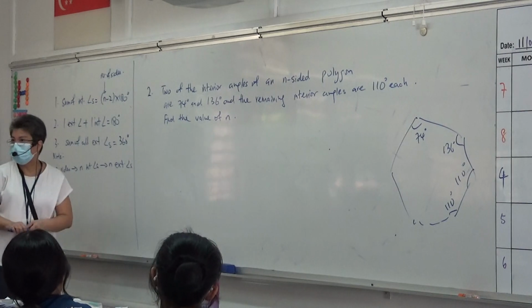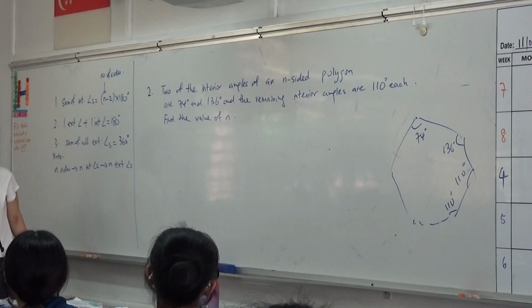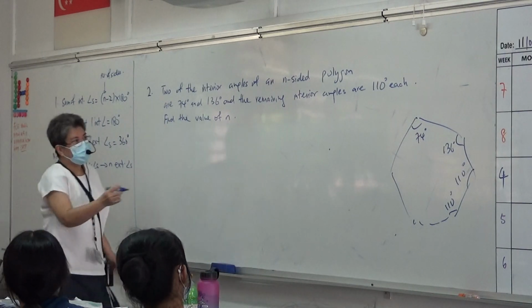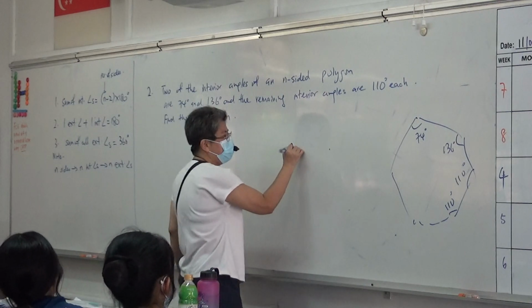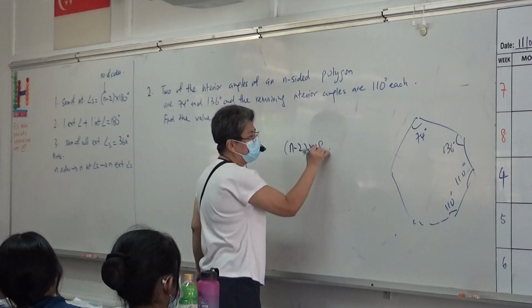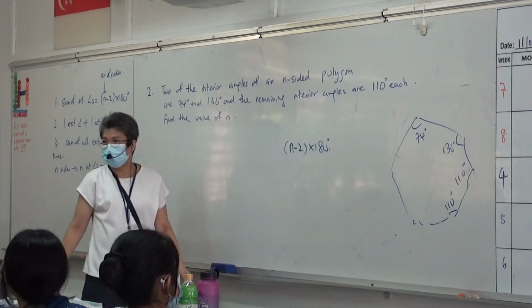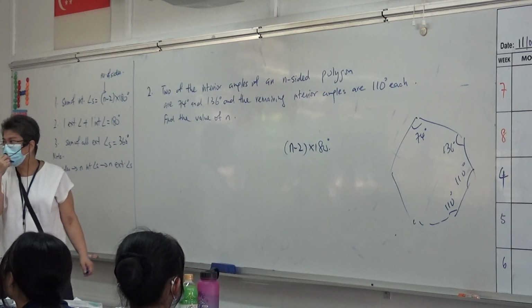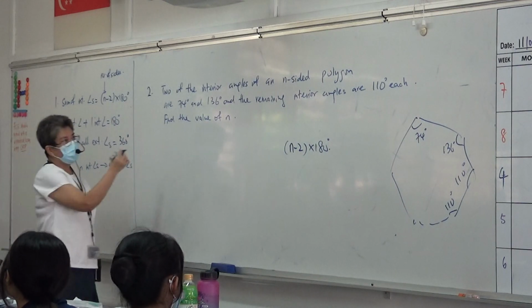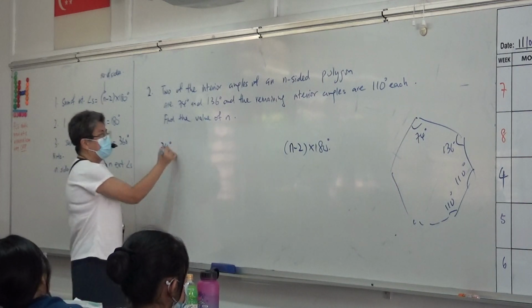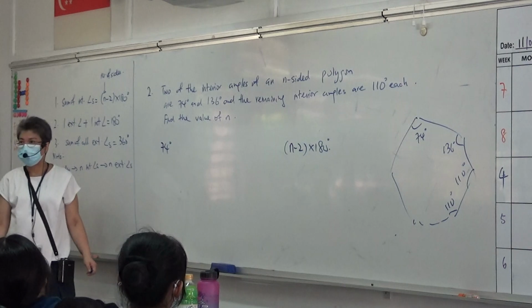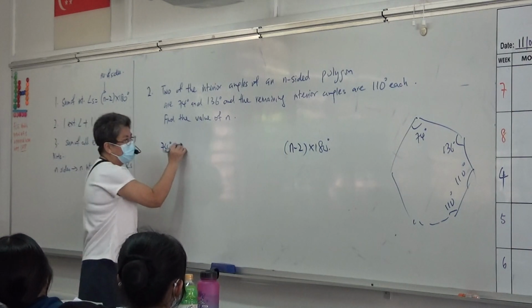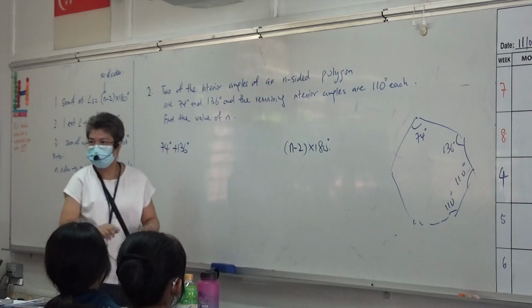Okay. Are we okay? Alright. If it's n sides, the sum will be n minus 2 times 180, correct? I'm telling you, because this one is a difficult one. Now, one of the angles is 74. One of the angles is 136.